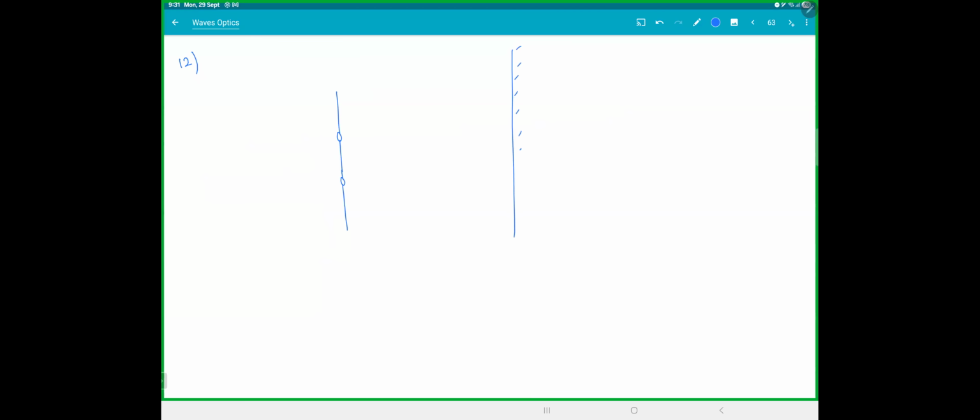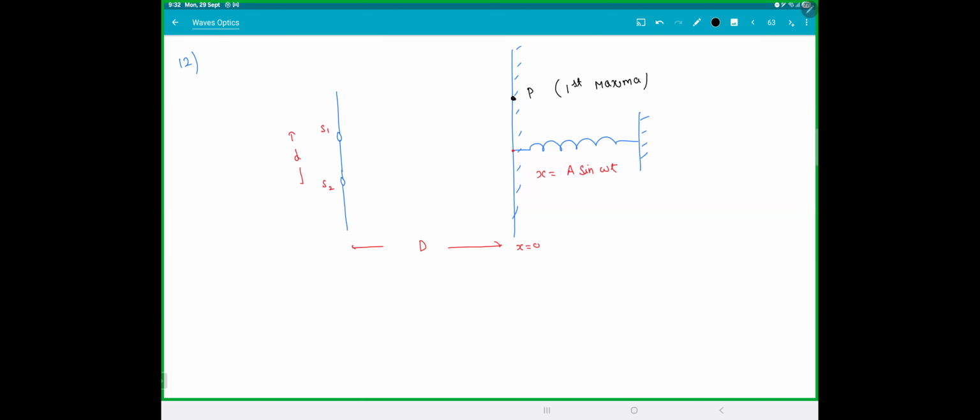Let's say we got a screen here, which is connected to a spring, and let's say this is oscillating in SHM. Initially, this is the mean position, x is equal to 0. This is S1, this is S2, this is distance D. Point P is your first maxima.